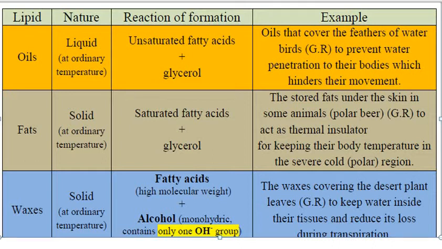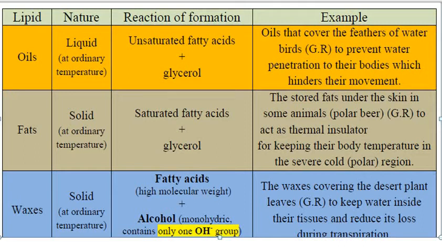The difference between oil and fats here is the degree of saturation of the fatty acid. An example of fat is the stored fat found under the skin in some animals like the polar bear, which acts as a thermal insulator to keep them warm in cold temperature.